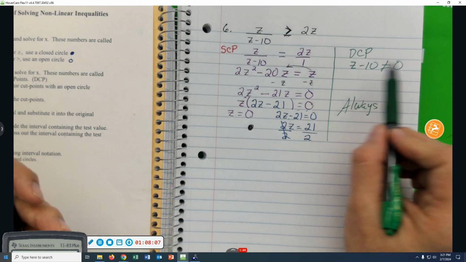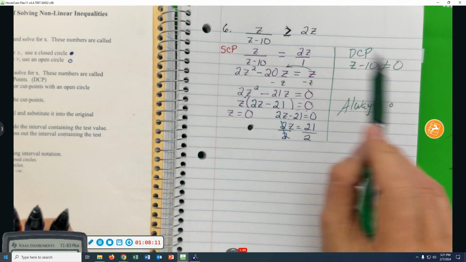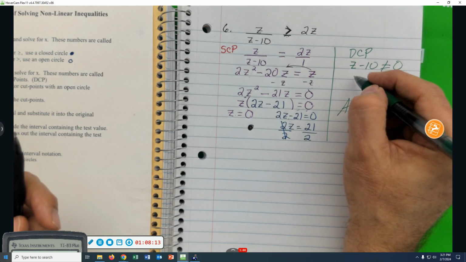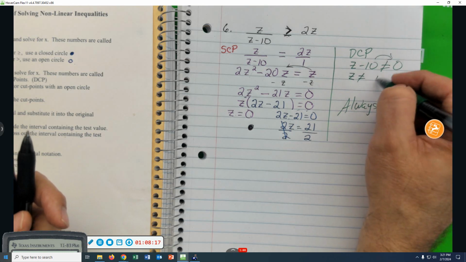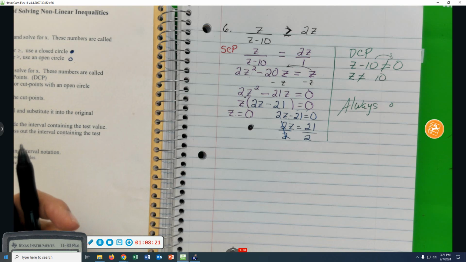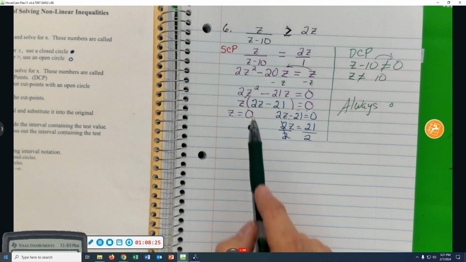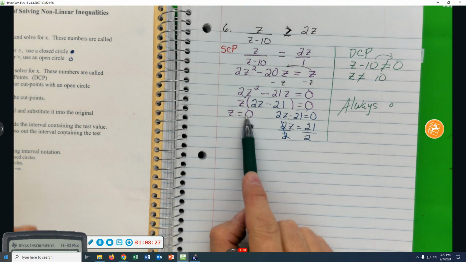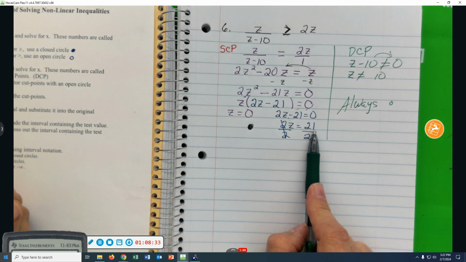So this one's pretty easy to find, that denominator cut point. You say denominator can't be 0, so z can't equal what? 10. So draw a number line. You're going to label 3 cut points. 0 is a cut point. 21 over 2 is a cut point.